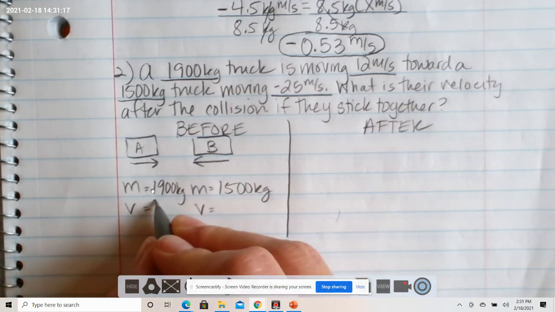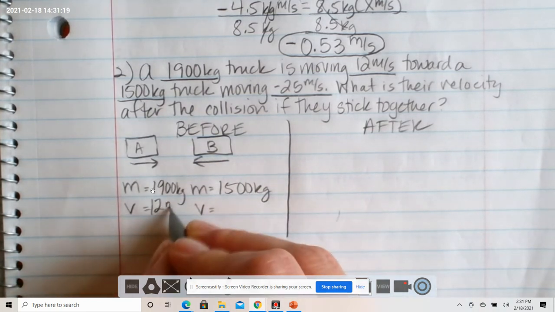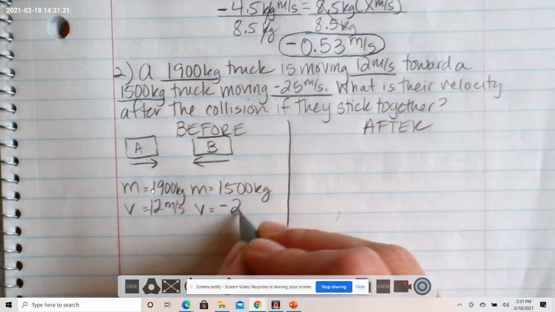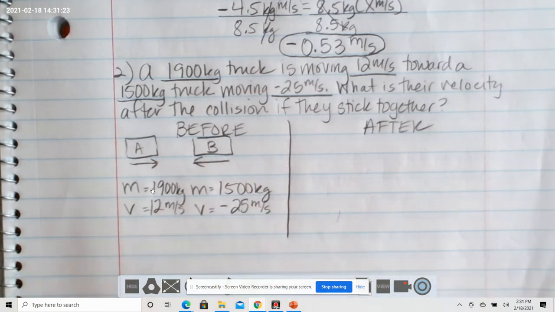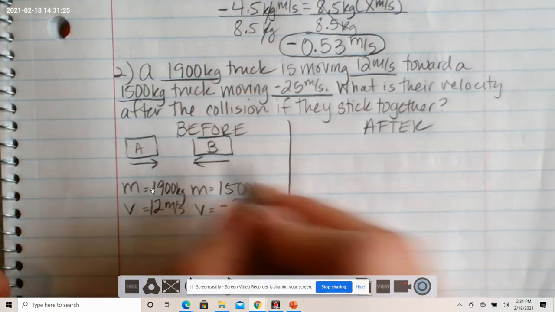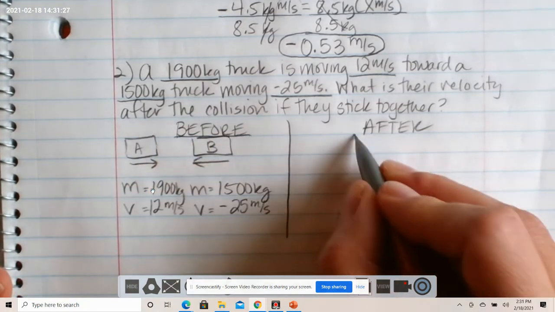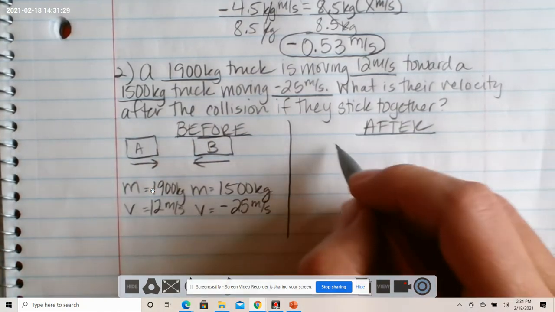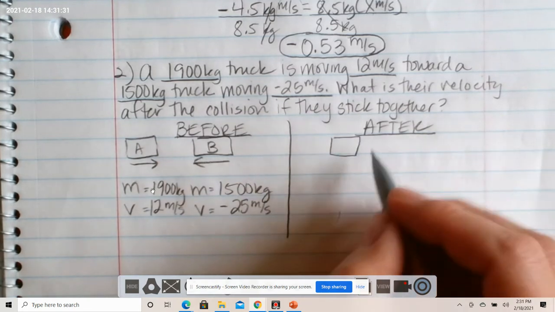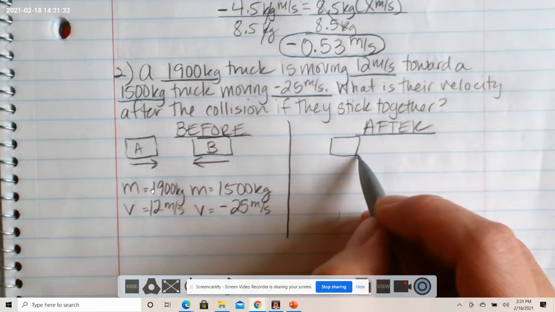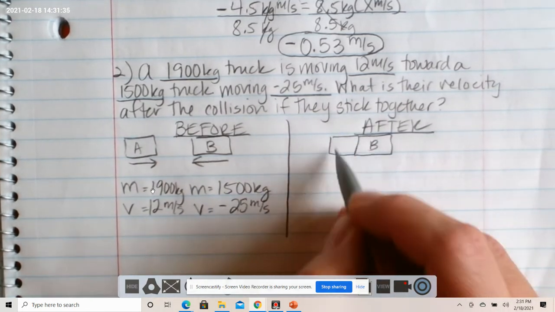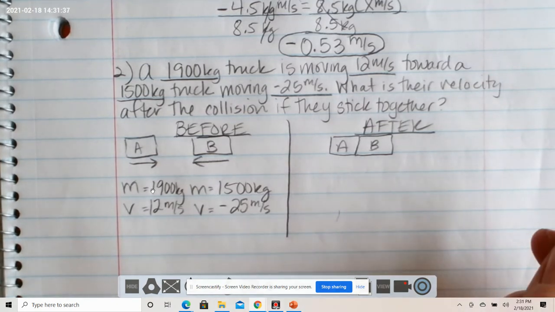Velocity of the first truck, 12 meters per second. Velocity of the second truck, 25 meters per second. Okay, so after the collision, they're going to stick together. So the trucks collided. And we want to know the velocity after the collision.